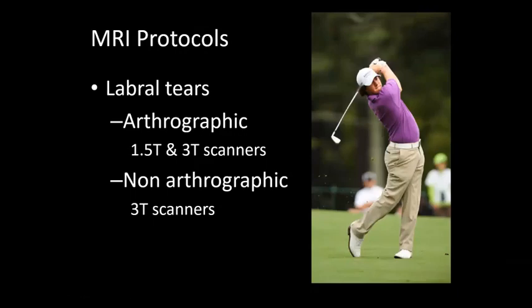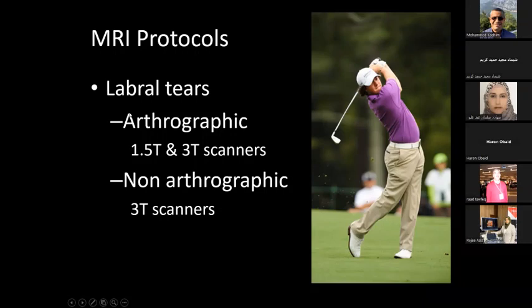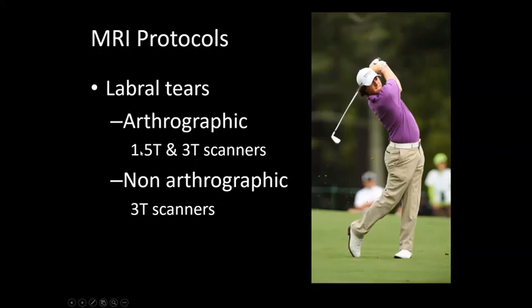For the MRI protocols for imaging labral pathology, there are two techniques that we perform at our center. There is the technique very commonly used in most centers, which is the arthrographic technique, and this can be performed on 1.5 or 3 Tesla scanners.